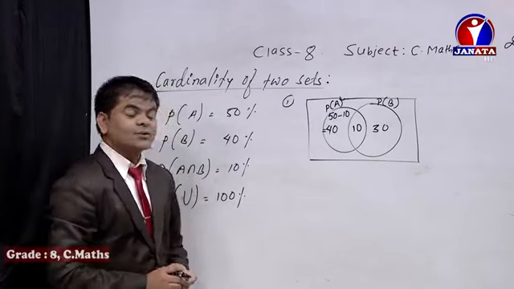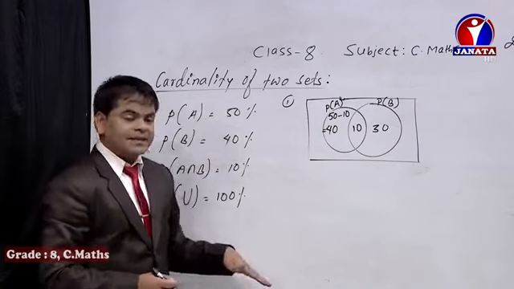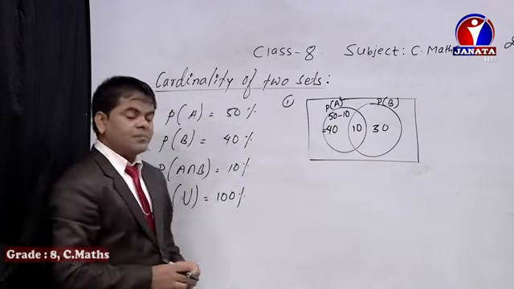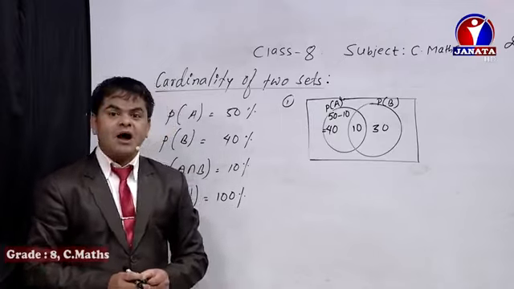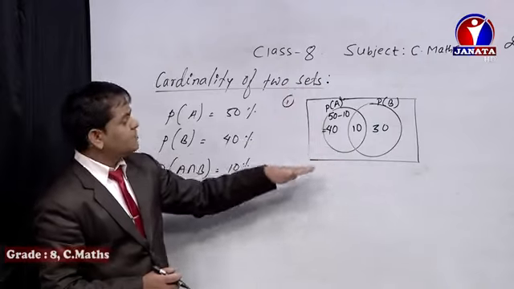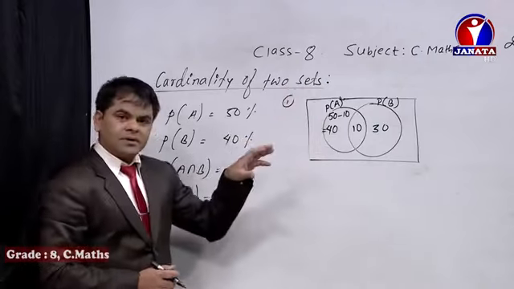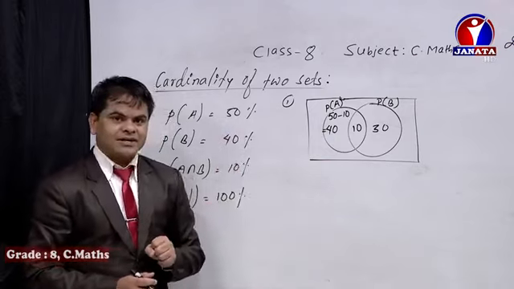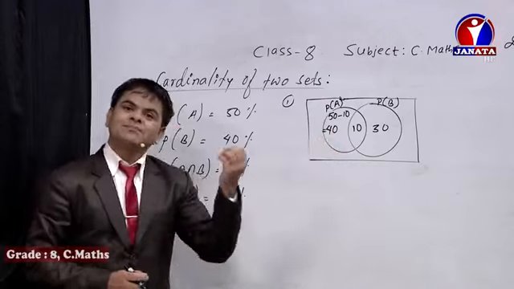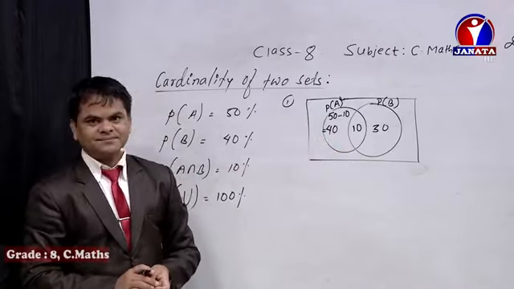Still, we need to find out the complement value. If it is not given, then we need to suppose it as x. But if we can find out, looking at the universal set, how much value still remains to be fulfilled inside the rectangle, if you can find that number, you can write it. Or if you do not know, then keep just a variable, maybe x, y, or z.